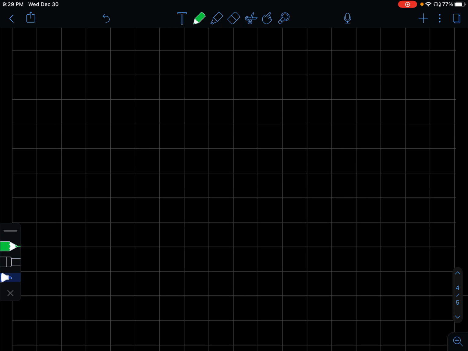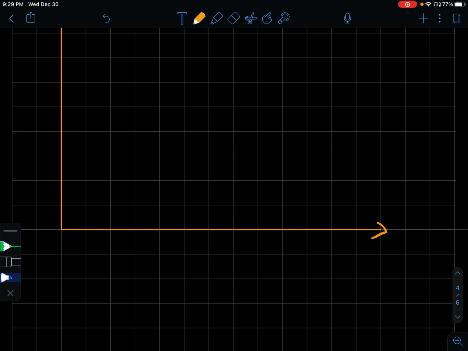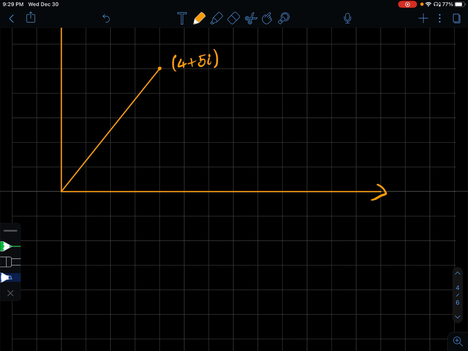Now, let's take the complex plane one more time. Let's take this complex number, which happens to be 4 plus 5i. 4 plus 5i tells you the location of the complex number in the plane.